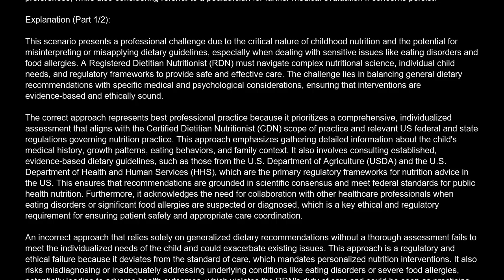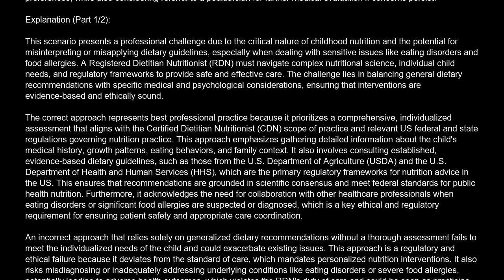Explanation. This scenario presents a professional challenge due to the critical nature of childhood nutrition and the potential for misinterpreting or misapplying dietary guidelines, especially when dealing with sensitive issues like eating disorders and food allergies. A registered dietitian nutritionist, RDN, must navigate complex nutritional science, individual child needs, and regulatory frameworks to provide safe and effective care.